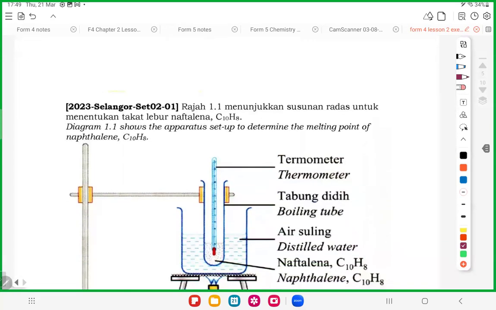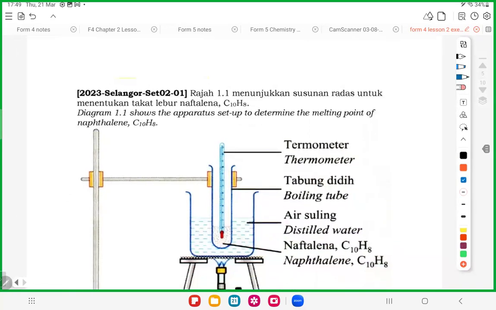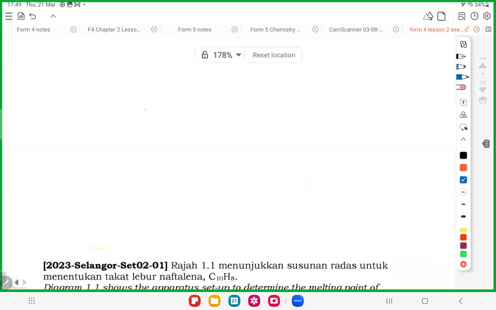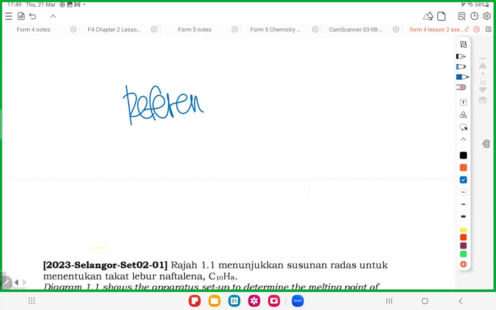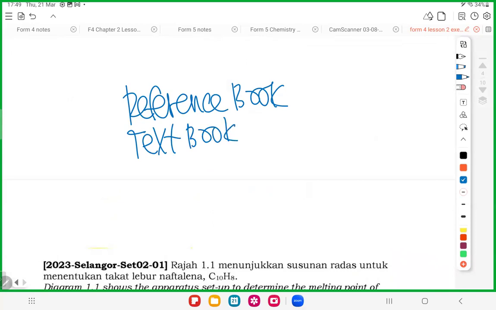Come, let's start. I told you before, if you really want to do questions, don't waste your time doing questions from reference books or textbooks. Don't get me wrong, I am not against reference books or textbooks. The thing is, their questions sometimes are not the same standard as SPM. They can be too easy, they can be too hard.